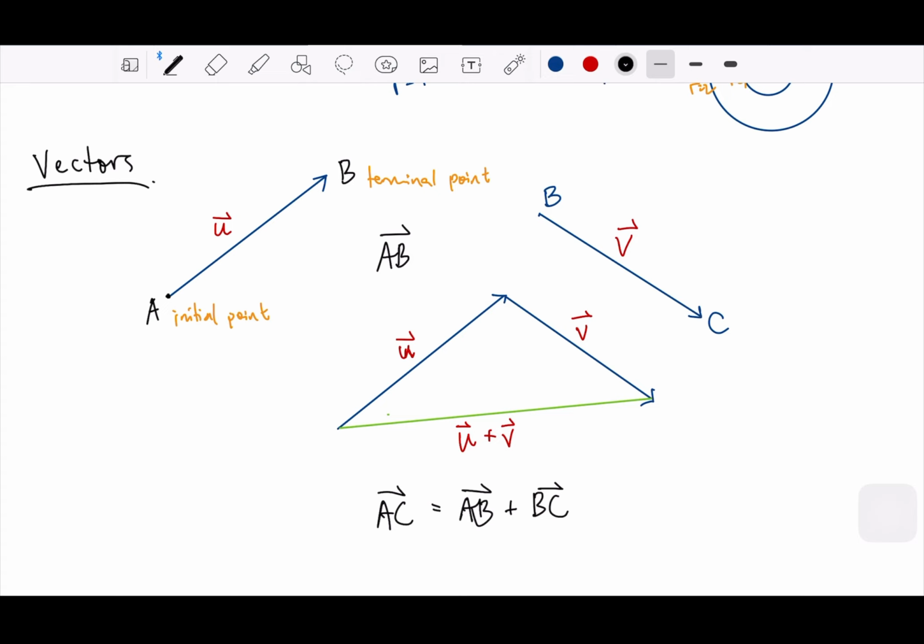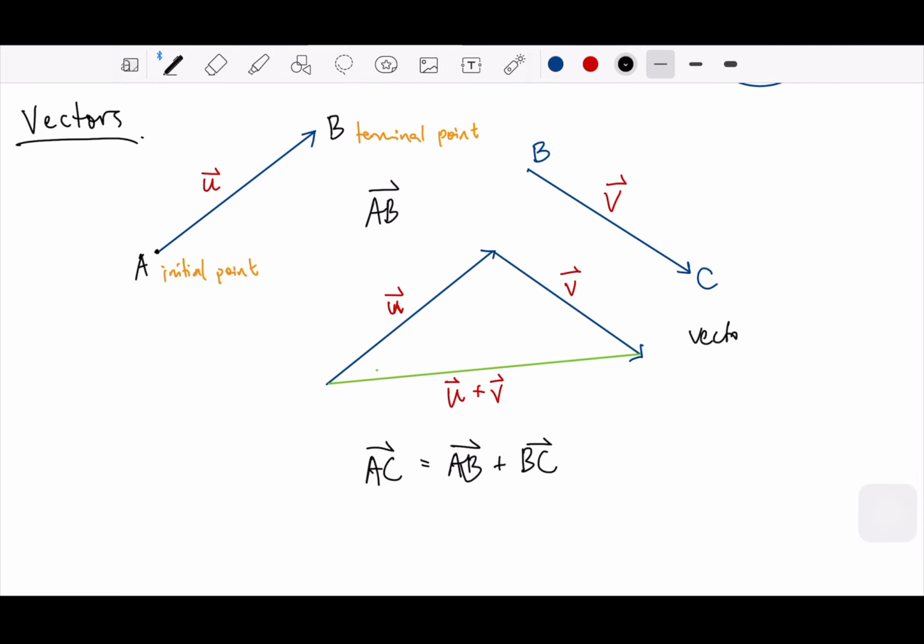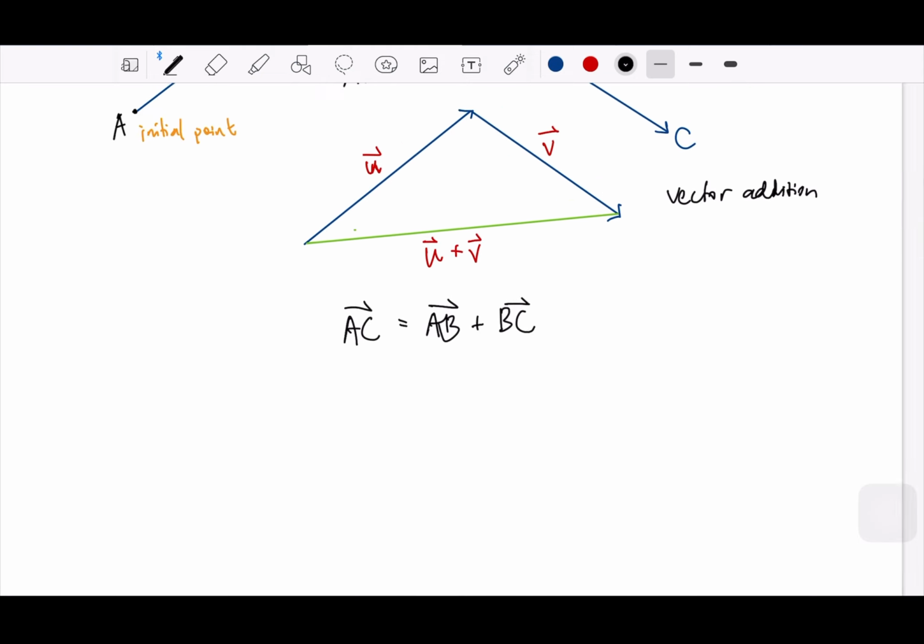And this is vector addition. I'm not particularly writing notes or some definition, because I think it's already built on your intuitions for vectors. So I don't really need that.